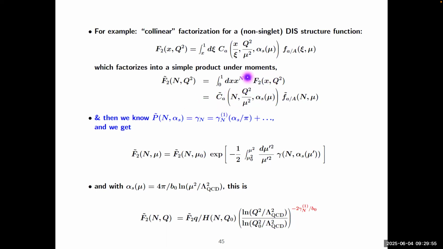And then under these moments, it's a very simple exercise to show that you get a product of the moments with respect to this variable, x over c, of the coefficient function and the moments of the collinear parton distribution, or singlet parton distribution.